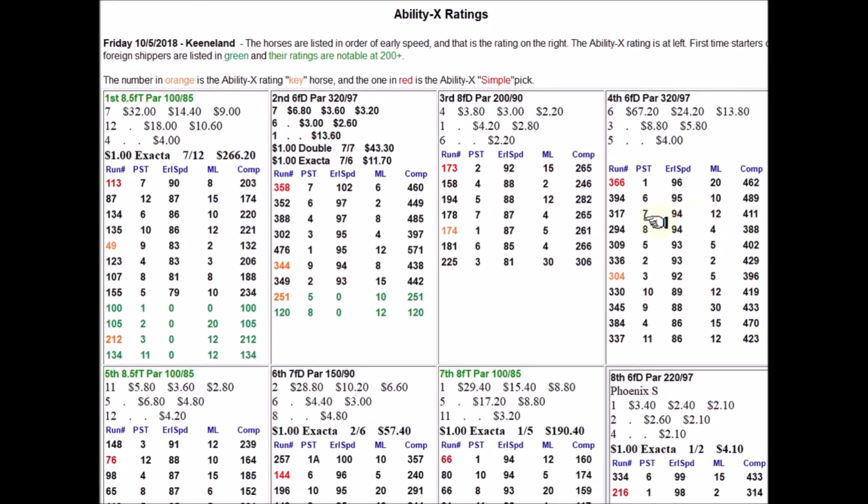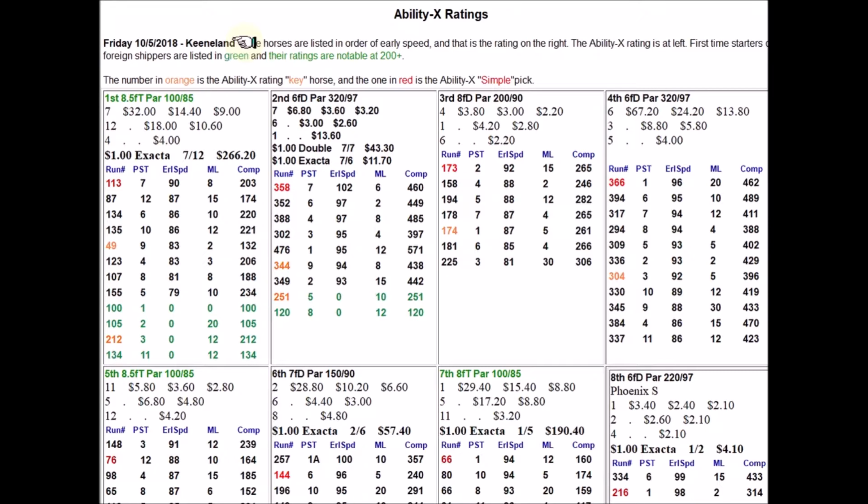All right, I'd just like to make a couple of points fairly quick about the Keeneland opener for 2018 on Friday, October 5th.